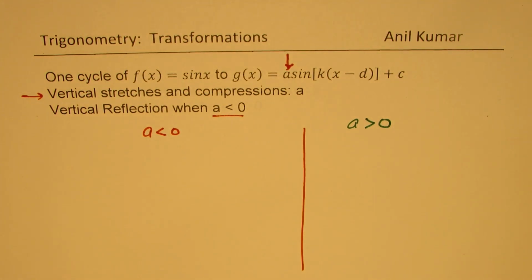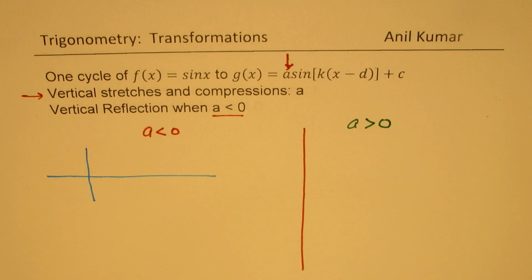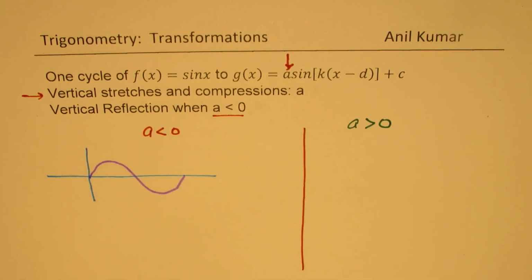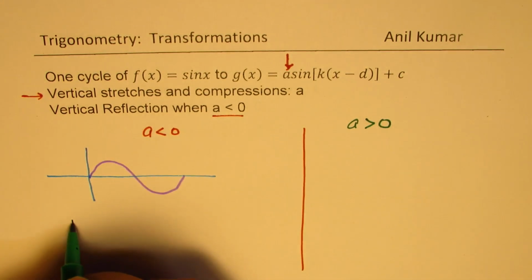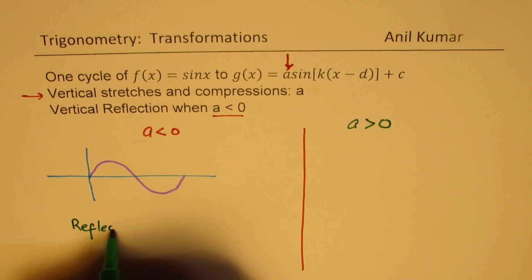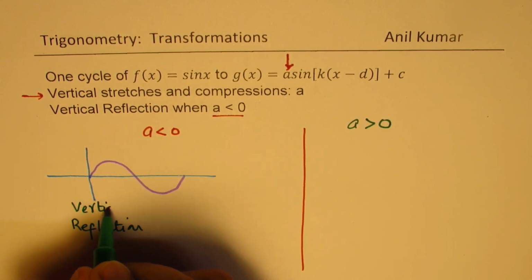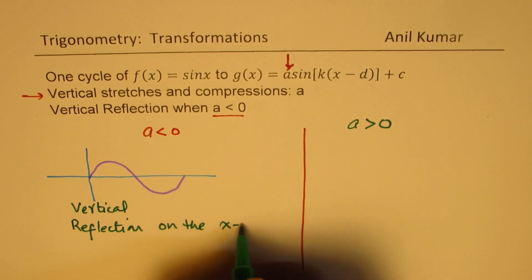Now if A is negative, in that case, basically what happens is that the graph, which is kind of like this, gets reflected. So that means reflection, we sometimes say vertical reflection, on the x-axis.